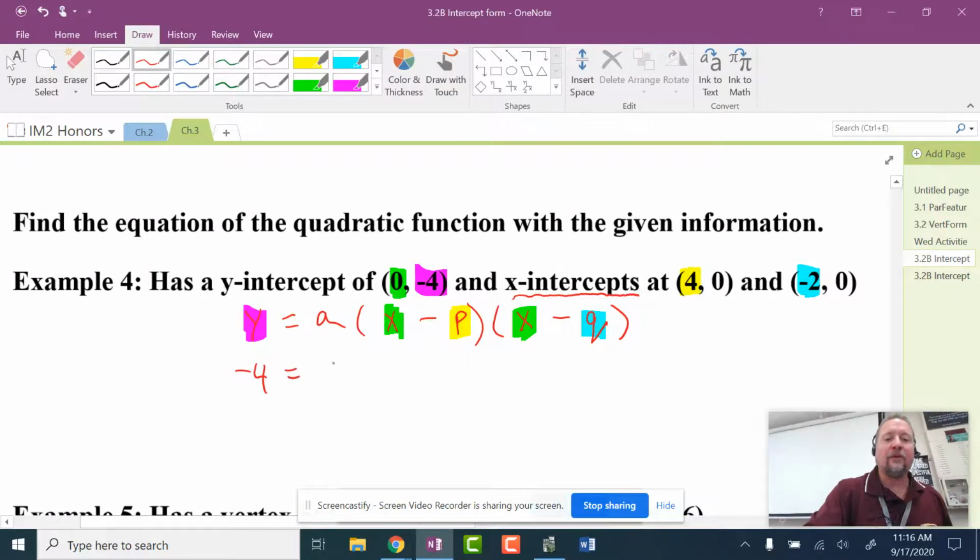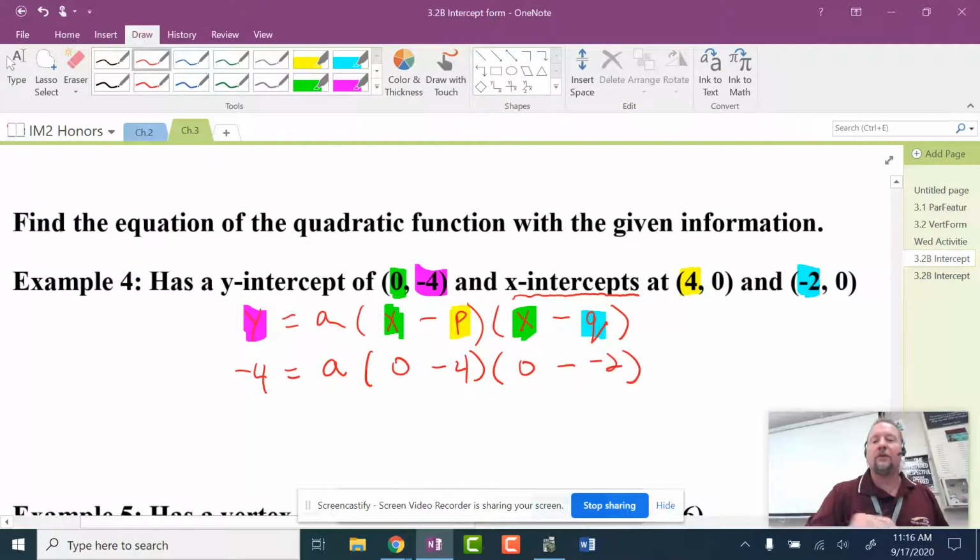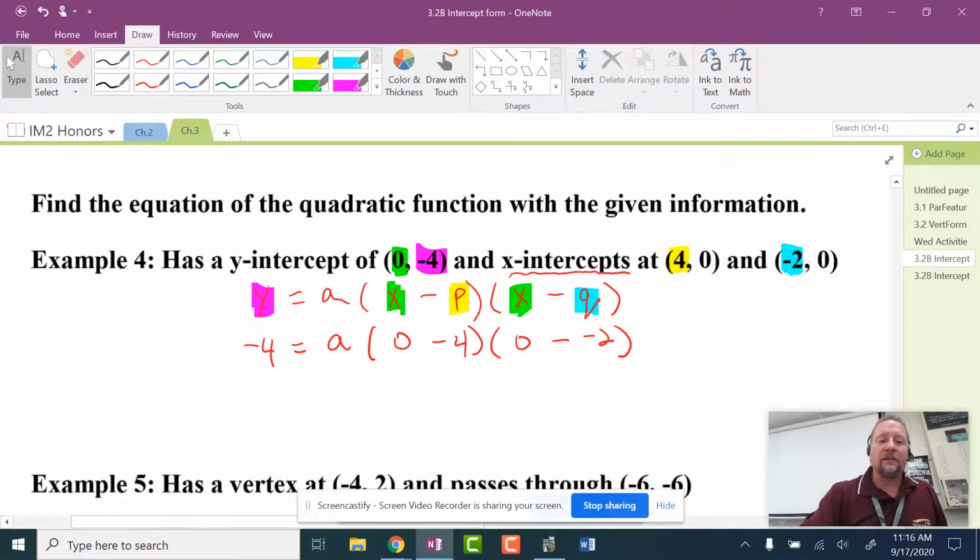We understand we have intercept form, and then we plug in the numbers in the appropriate spots, meaning the intercepts are p and q, so those go into p and q spots. The other coordinate given just goes in for the x's and the y's. Then we solve. This is -4 times 2, which is -8.